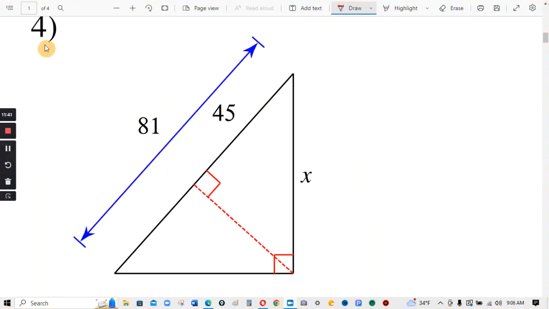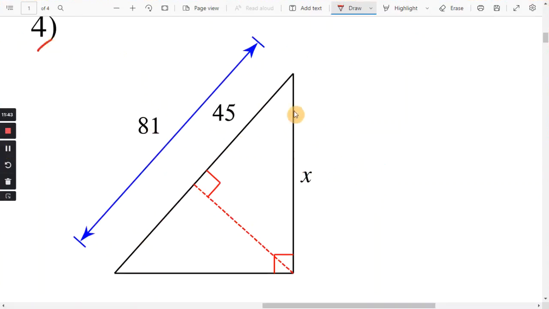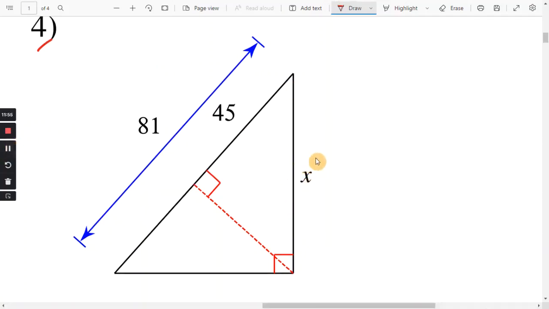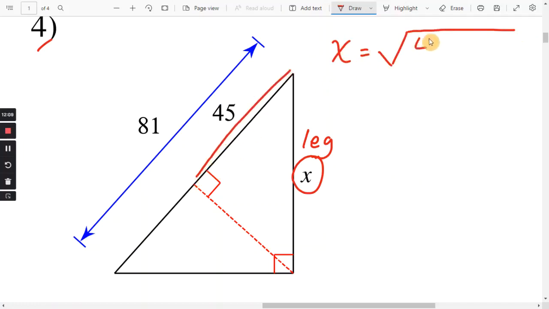Please try number 4, and I'll give you a hint. This is a leg. It's going to be the square root of this times the whole thing. So this side length right here, that is a leg. And that's going to be the square root of this segment, which is 45, times the whole thing, which is 81.